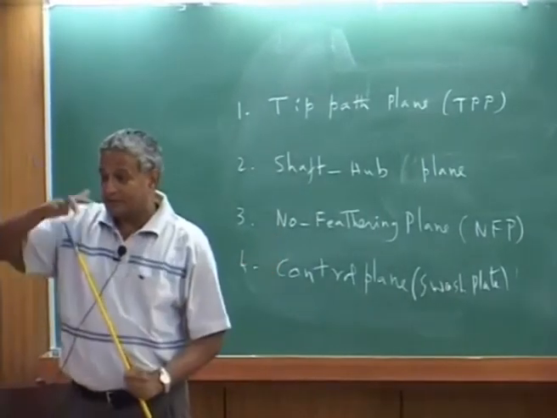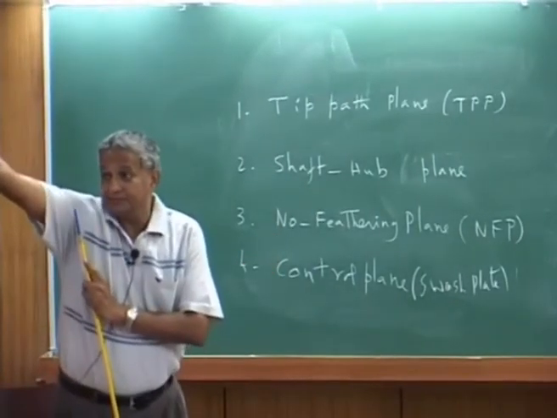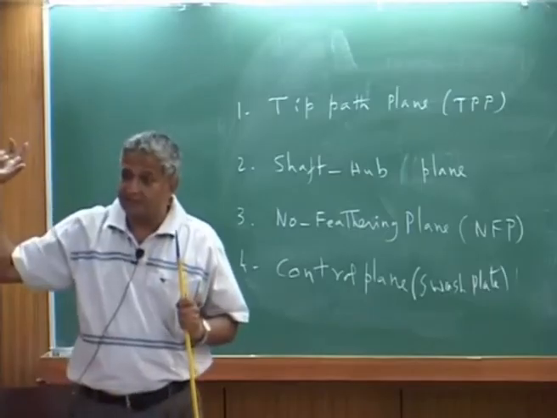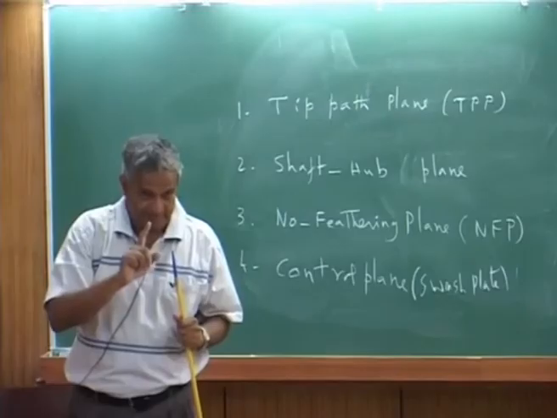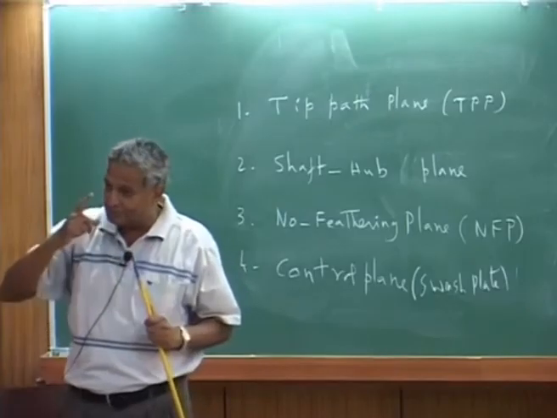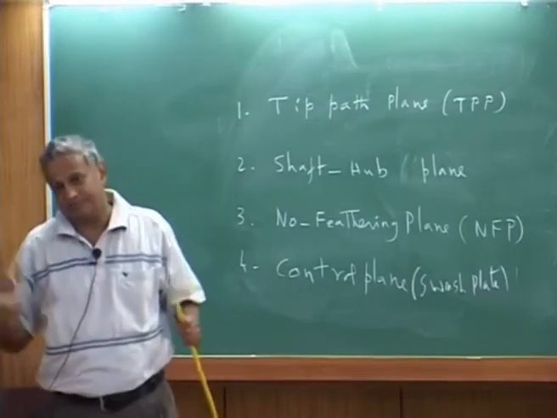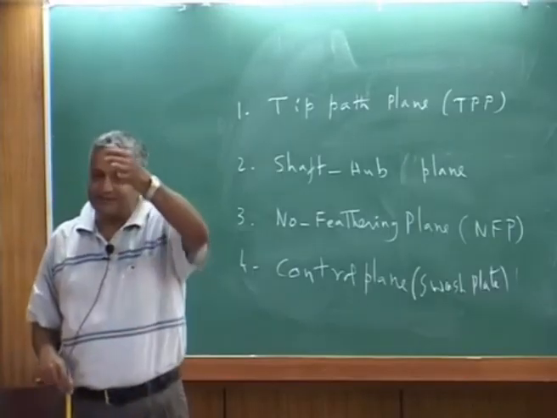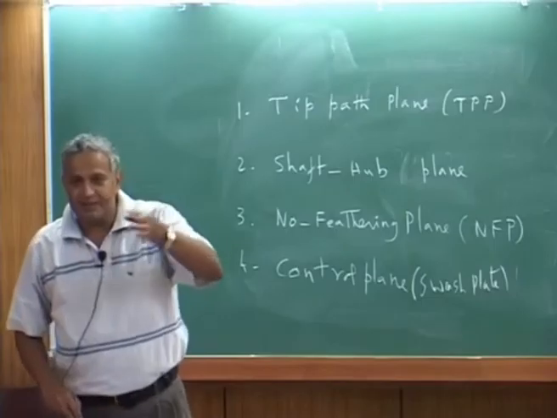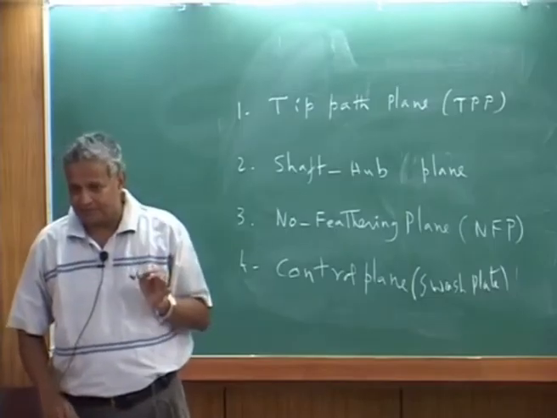But in this plane the blade may be like this, it may be twisted, doesn't matter. But when you go and calculate aerodynamic load on the blade, please understand you have to define a proper coordinate system, and this is where you have to have a very systematic development.